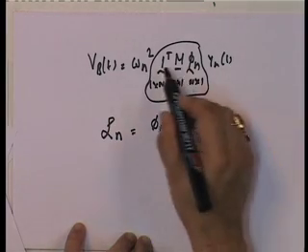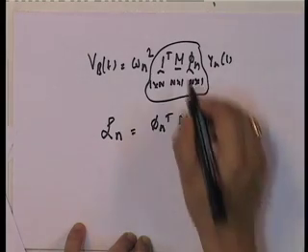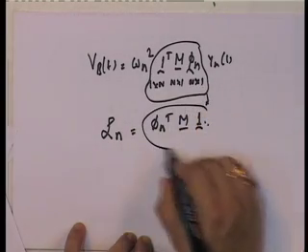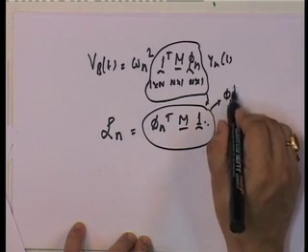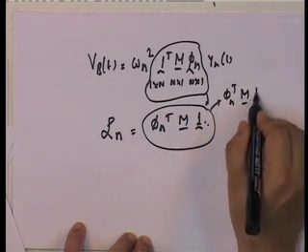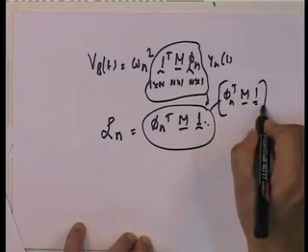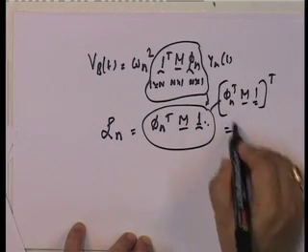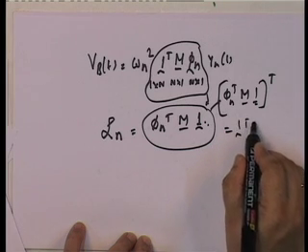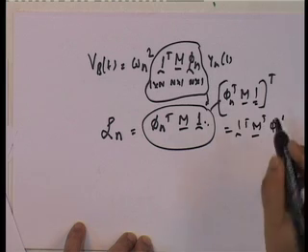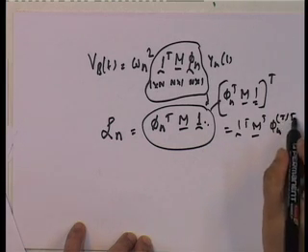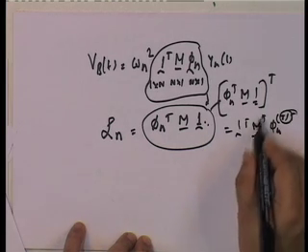Now, let us look at this. What is this? This is nothing but phi_n transpose m 1, whose transpose is 1 transpose m transpose phi_n transpose, which is nothing but itself, and m transpose is m.